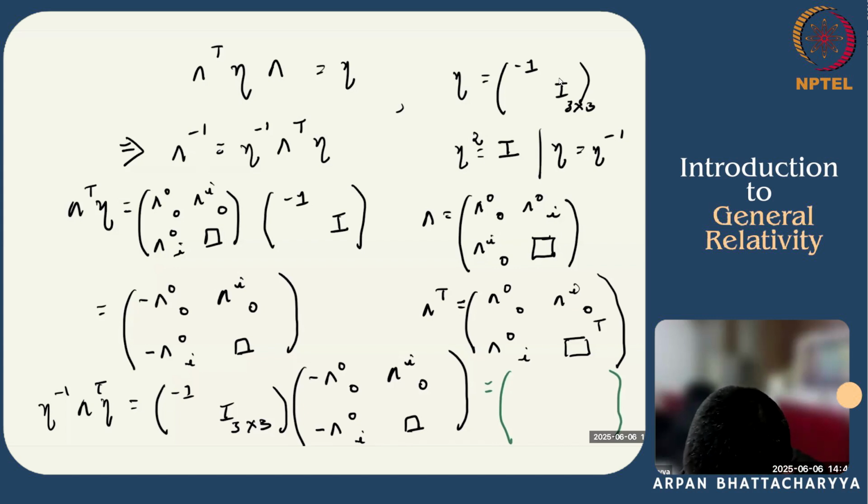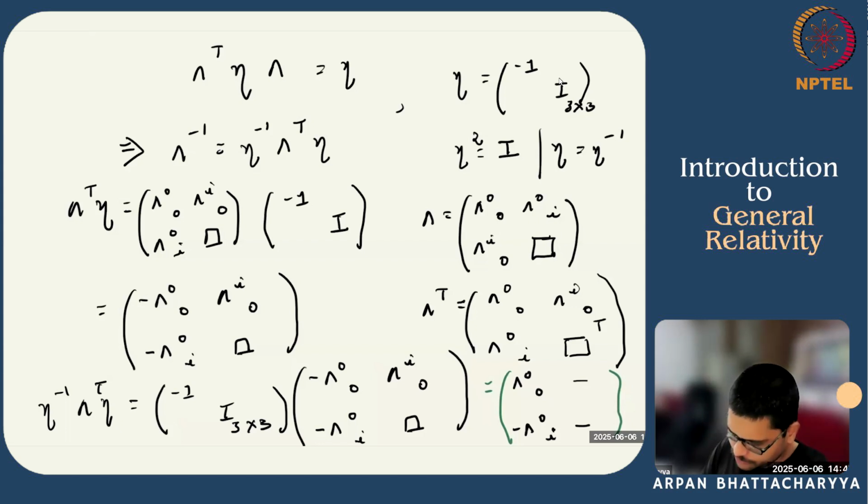So first element will be again lambda 0 0, because minus 1 is basically multiplying minus lambda 0 0, and there will be something here, something here, we don't care. But what about the elements here? So this will be this multiplying this column, nothing but minus lambda 0 I.